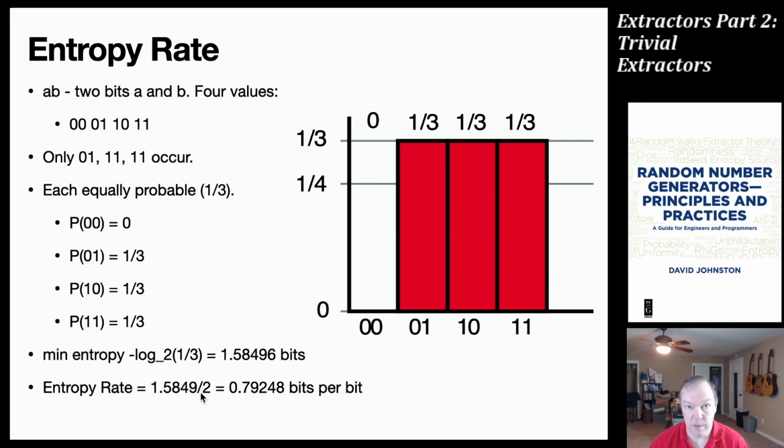So we divide it by the number of bits and we get 0.79248, or about 79% entropy in this source with a hole in its distribution. So it's not a full entropy source. It's not got a uniform distribution, and so it's not got full entropy.